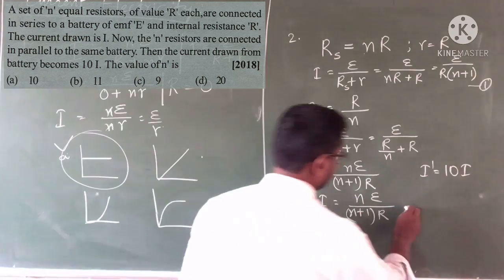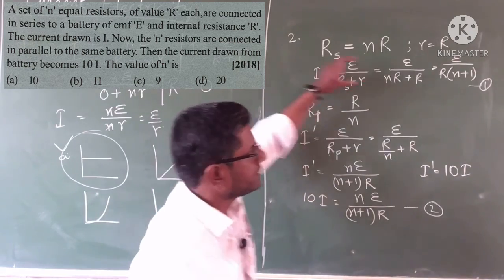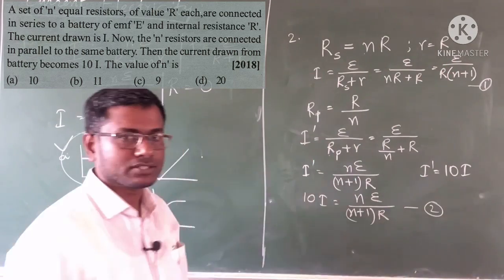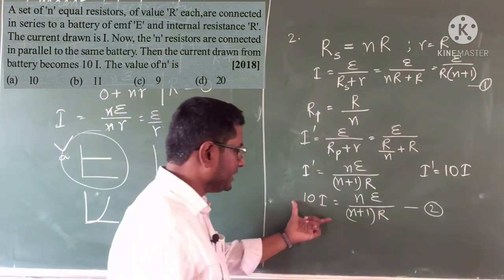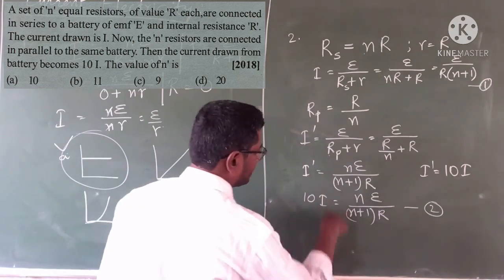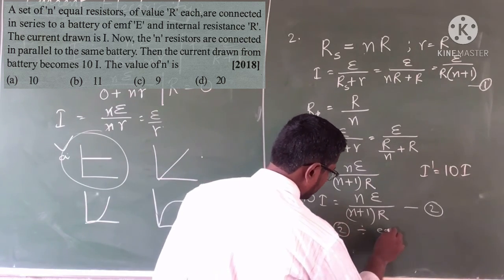That's equation number 2. One thing I can do here is, I have the value for I as epsilon divided by R into n plus 1. I can substitute this I in the place of this I, or alternatively, I can divide these two equations. So I will divide equation 2 by equation 1.